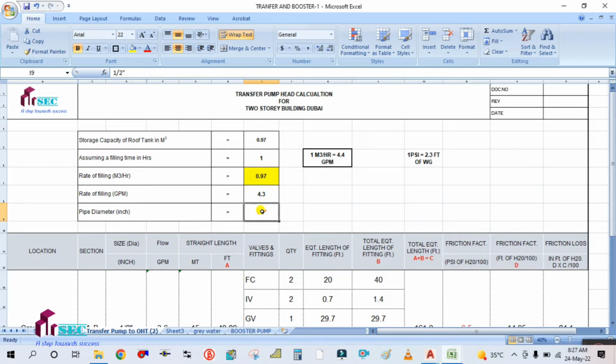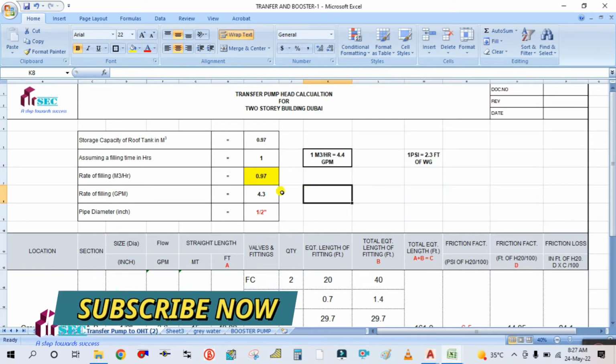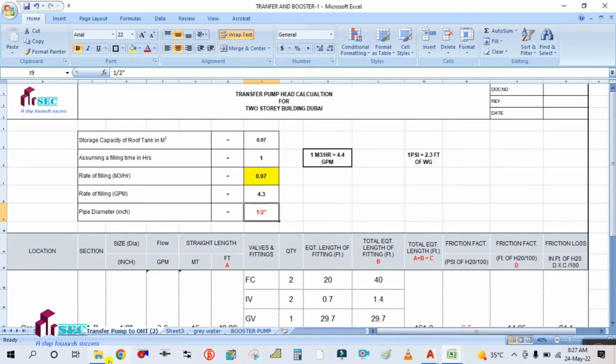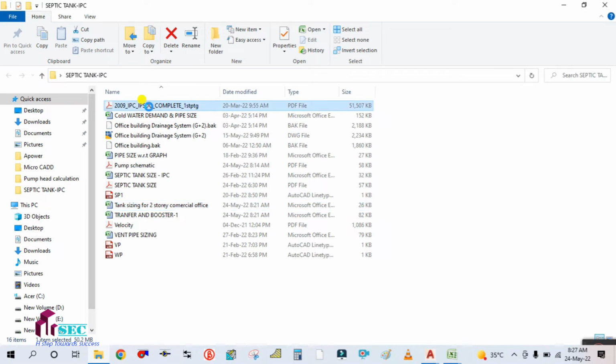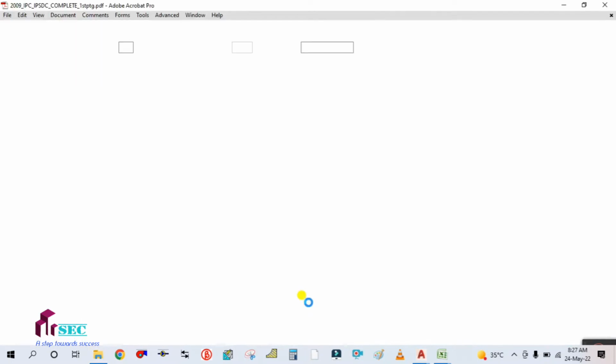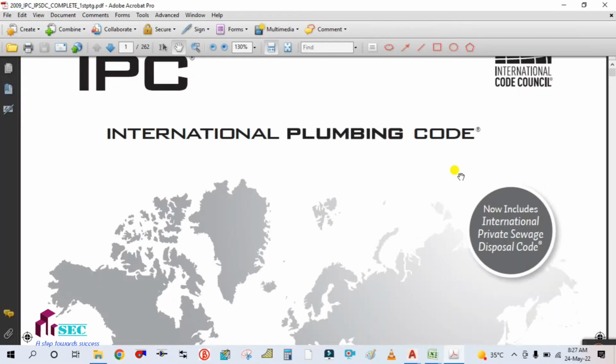From the chart, we have the GPM, and this is the transfer pump, that means the forced system. We have to assume the velocity 4 fps. So we have the velocity 4 fps and we have the GPM, so we can get the pipe size. Let us check here the IPC plumbing code. We can find the pipe size from page number 63.